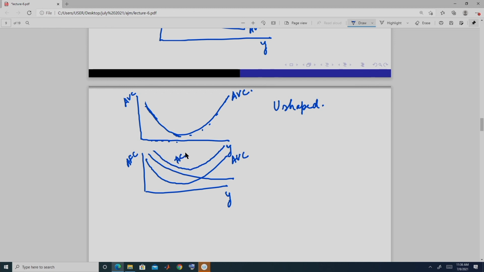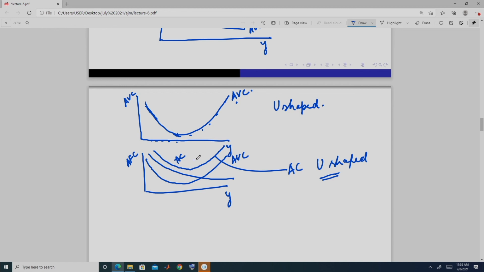So, again average cost is U-shaped. So, we get a U-shaped average cost curve because of two reasons. One, when the average variable cost is always increasing, and when the average variable cost is U-shaped, that is, it exhibits some form of economies of scale, and then some form of diseconomies of scale.